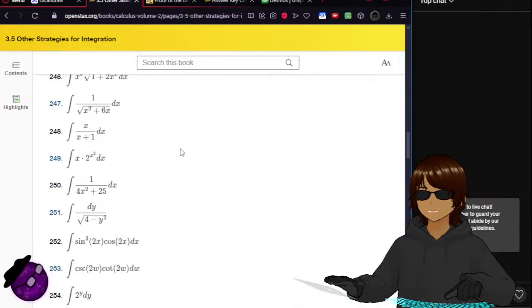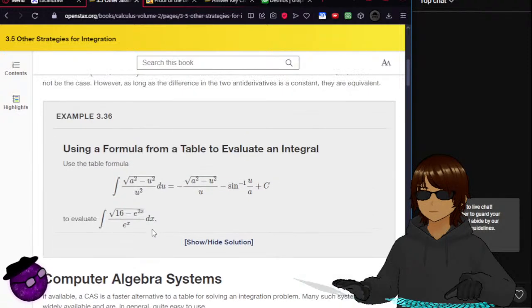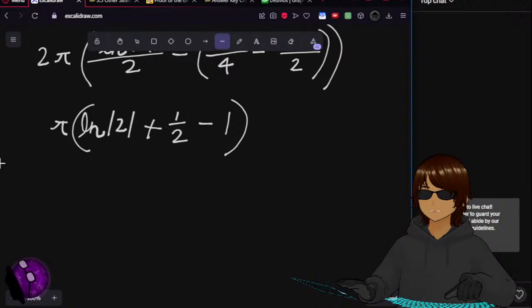Computer algebra systems. Okay, never mind. I'll just do this question and move on to the next chapter.